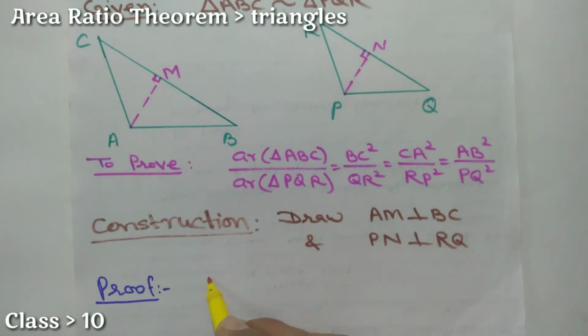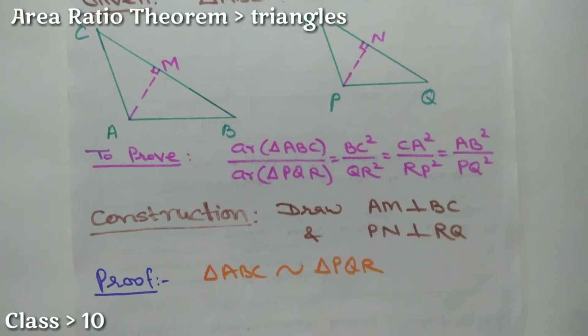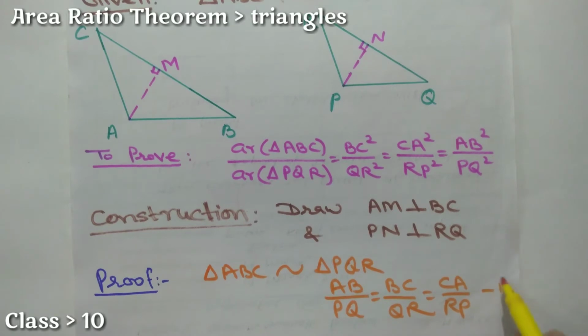Now, you know that triangle ABC is similar to triangle PQR. As we know, if two triangles are similar, the ratio of their corresponding sides are equal. So I can write down AB upon PQ is equal to BC upon QR is equal to CA upon RP. Let it be 1.